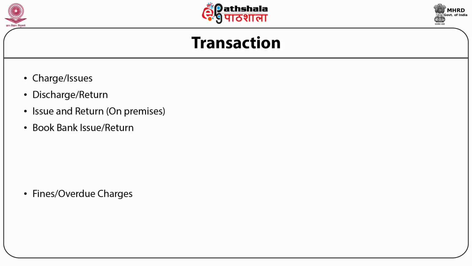Number 8. Fines or overdue charges. An item is said to be overdue if it is not returned to the library on or before the due date specified at the time of charge or renewal or recall. The system should detect the overdue items and produce suitable overdue notices to the member.